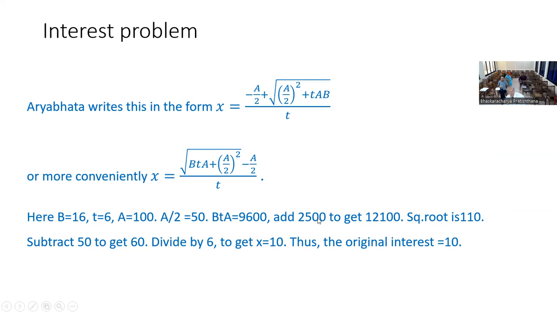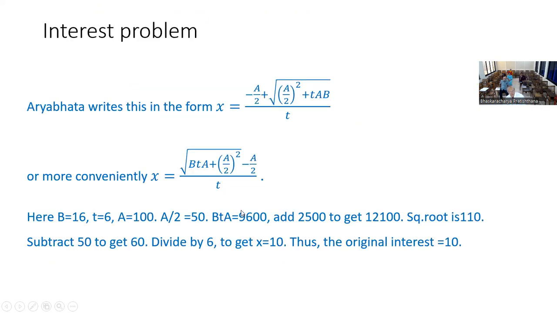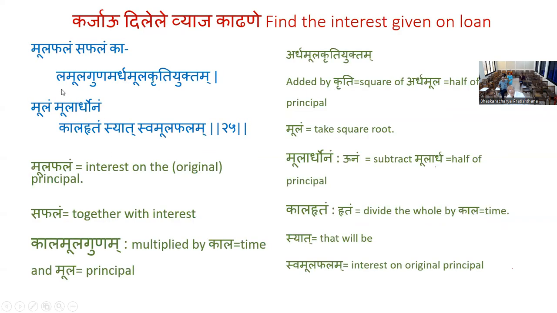Mula Phalam, Saphalam. Right. Correct. So what is B? B is 16. See, this B is 10 plus 6. That is Mula Phalam, Saphalam is B here. And then that B, Mula Phalam, Saphalam, you multiply by Kala, Mula, Gunam.